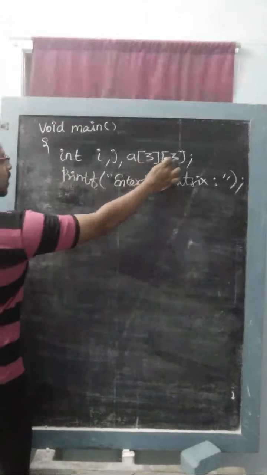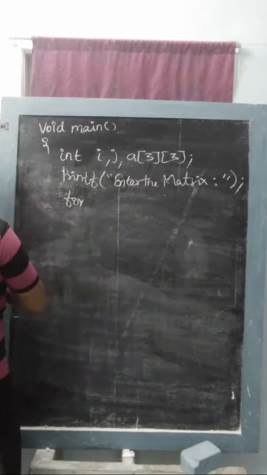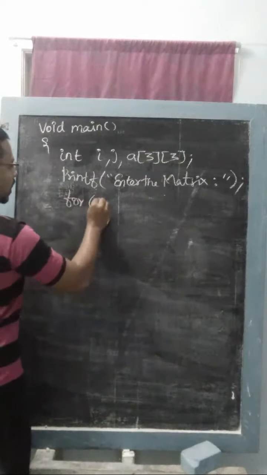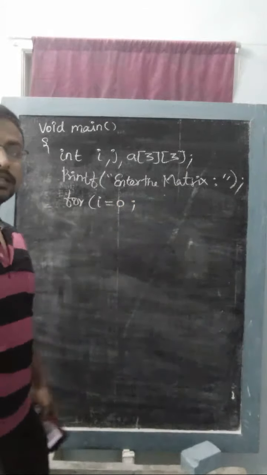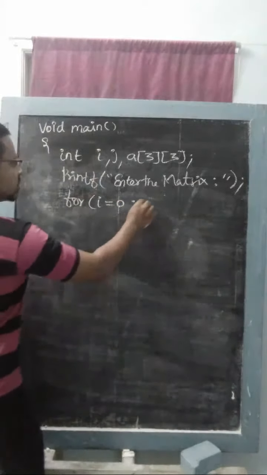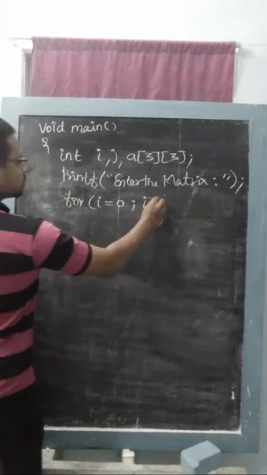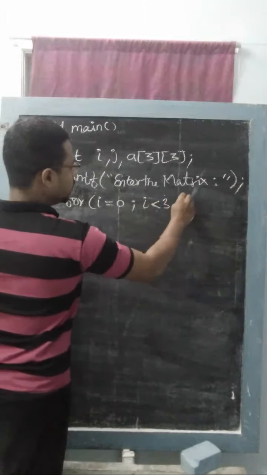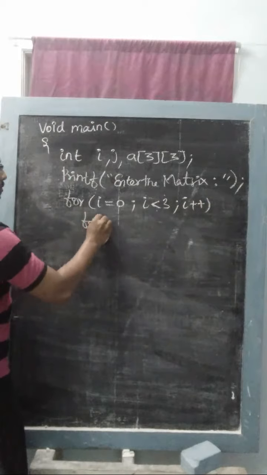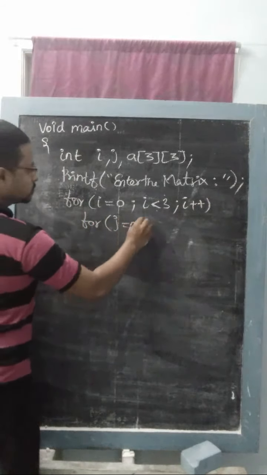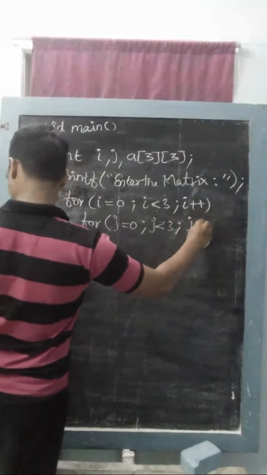I need to get a two-dimensional array, so I write for i equal to 0, because array index starts from 0, and the size of the array is i less than 3, and then it should be incremented by 1, and then for j equal to 0, j less than 3, and then j plus plus.